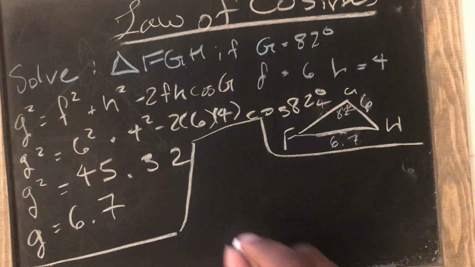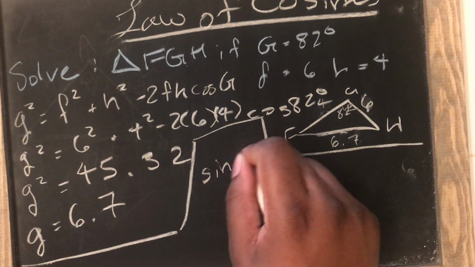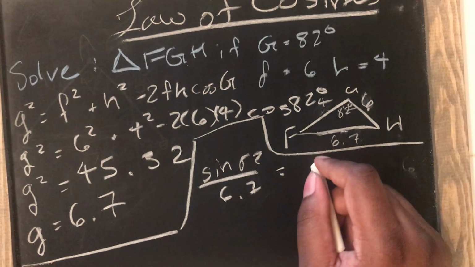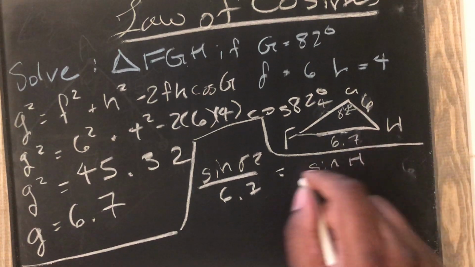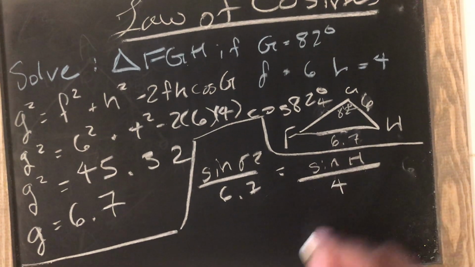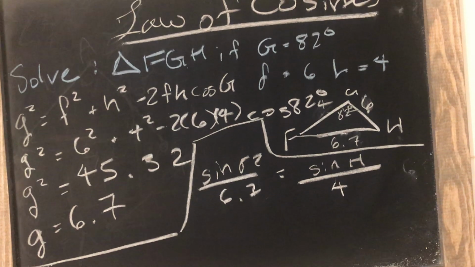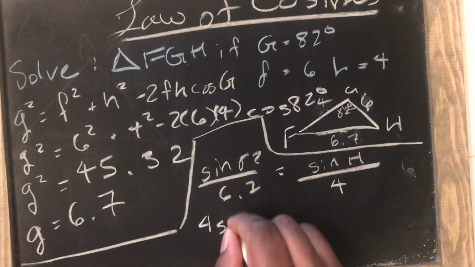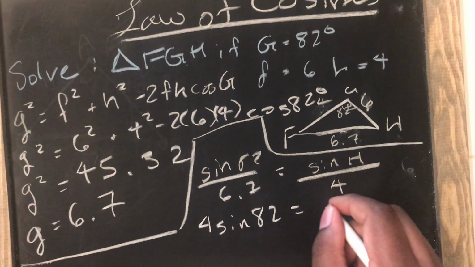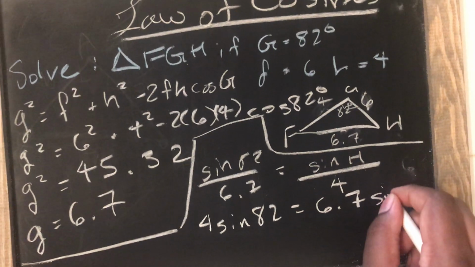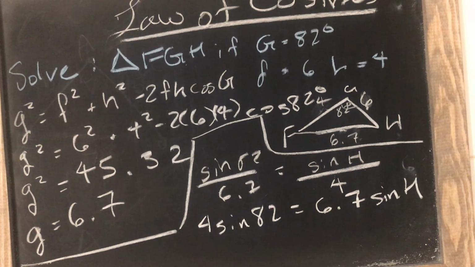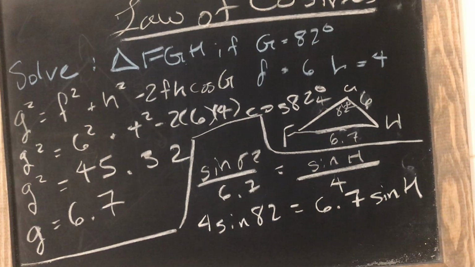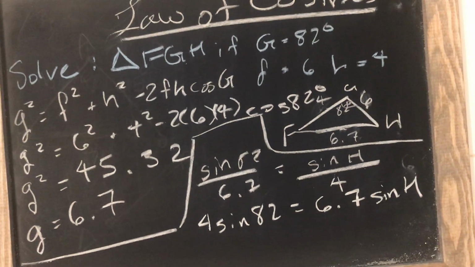Let's do H first: sine 82 over 6.7 equals sine of big H over 4. Now we cross multiply, which gives us 4 sine of 82 equals 6.7 sine of H. Then we divide both sides by 6.7.